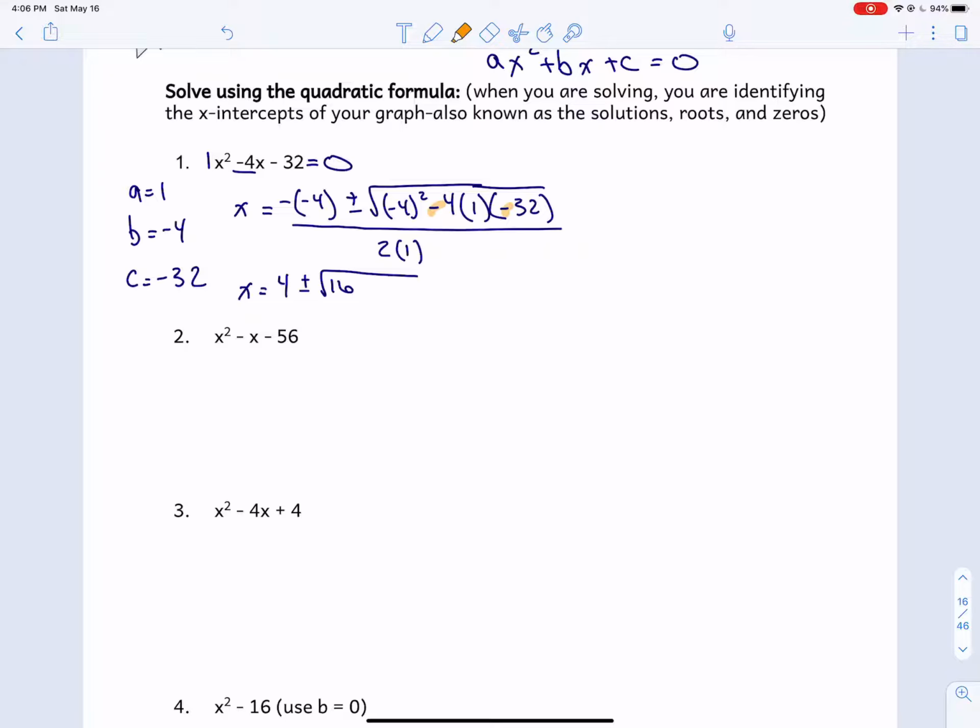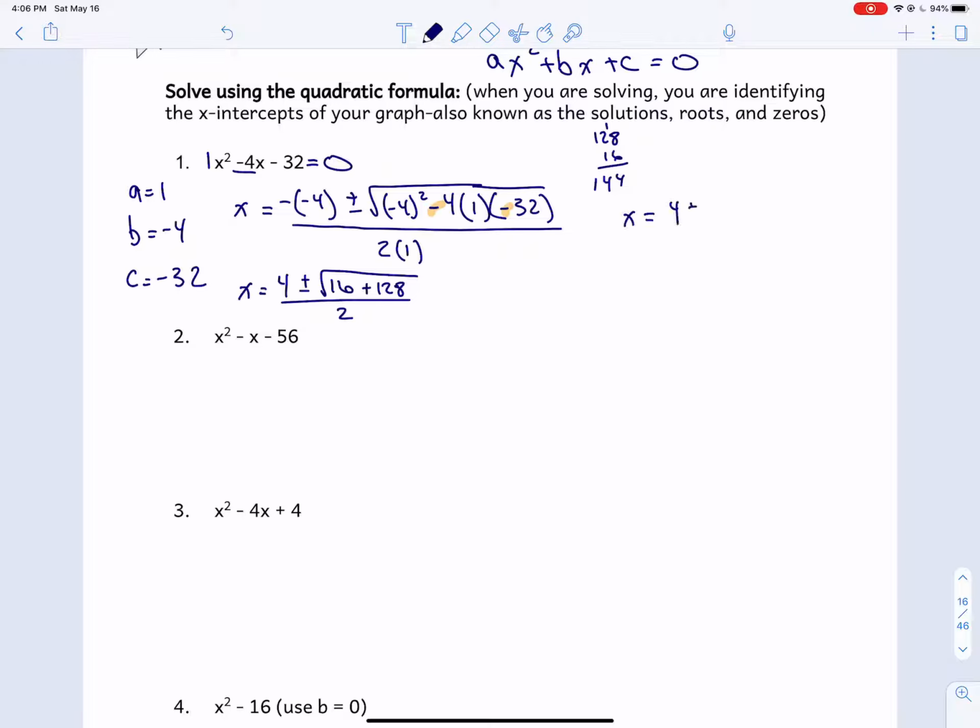So 32 times 2 is 64, times 2 is 128. So that'd be positive or plus 128, and then all over 2. So 16 plus 128 is 144.